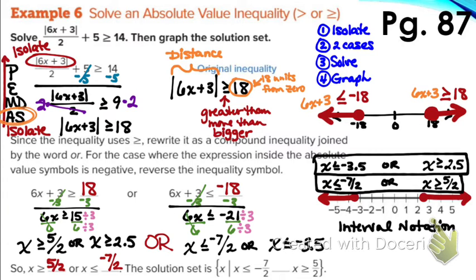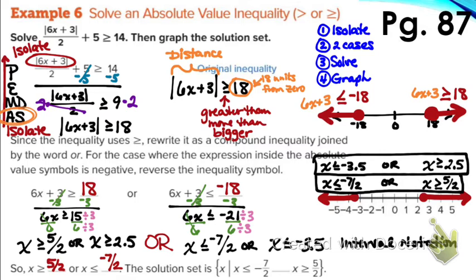My interval notation should be describing where it is shaded. Did I shade in one spot or two spots here? Two. So I'm going to need two different intervals. We're going to write the one on the left first. We always start on the left and move our way to the right.